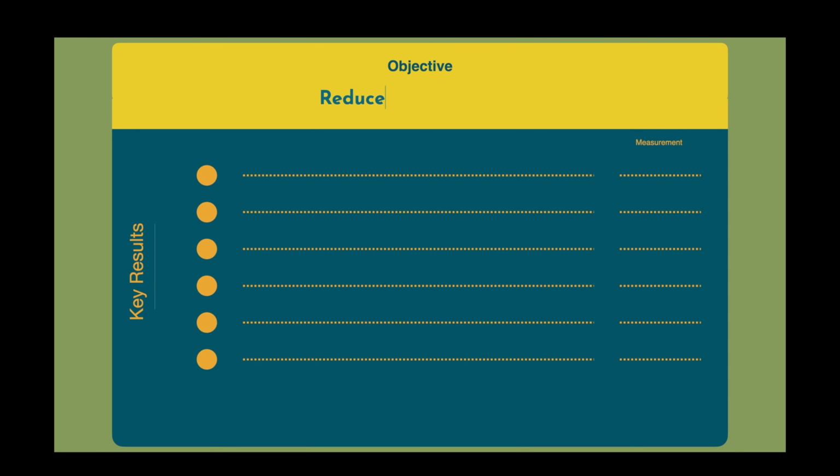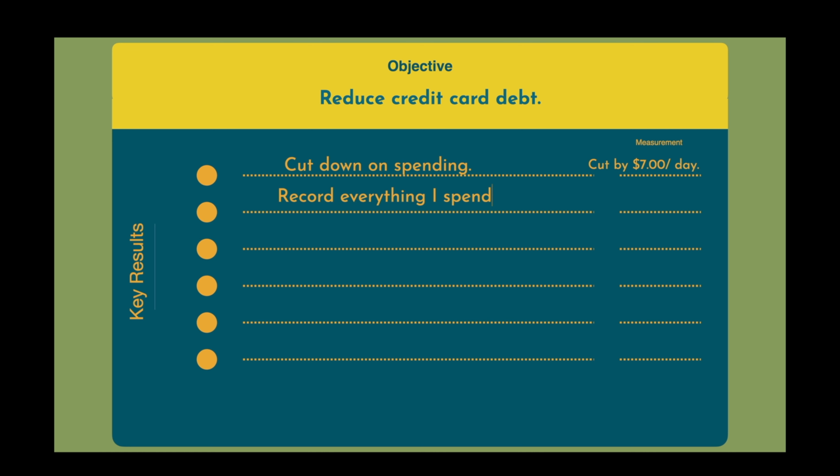Here's another popular example. Let's say your goal is to reduce your credit card debt. Again, that's quite general, so you might want to think of different objectives related to that. That could be things like cut down on your spending, record everything that you spend, or, as we mentioned, increase your income so that you can pay off the credit card debt. As you can see, once you look at your goals and then you define objectives, you're probably going to get more than one objective related to that goal.